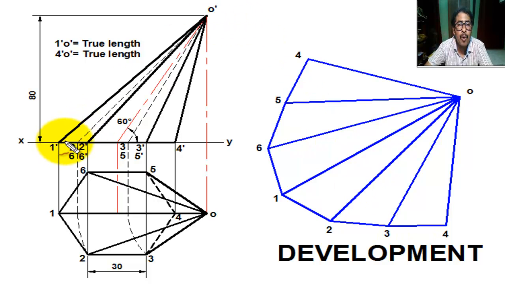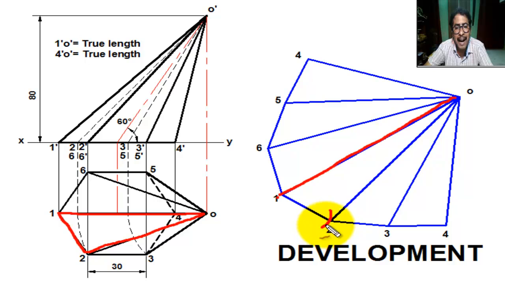Now with length O dash 1 dash, the true length, draw a line O1. Then we draw this triangle first. This is 1 and O. Next, 1 and 2 is 30 millimeter.